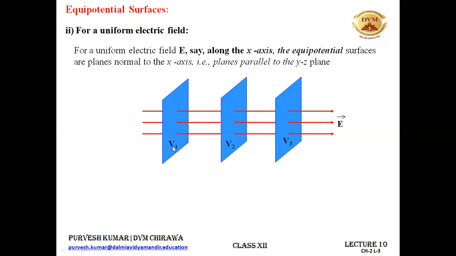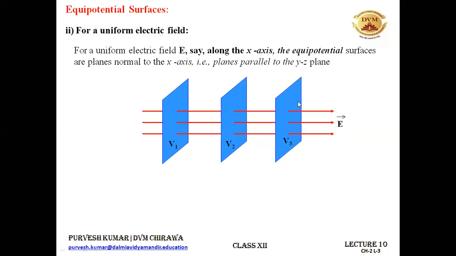So V1 is the potential on every point on this plane. That's why it is an equipotential surface. V2 is the potential for this plane. So on every point on this plane, whether it is here or down here, the potential is V2 only. It remains the same. Okay, and that's why it is the equipotential surface for this electric field.